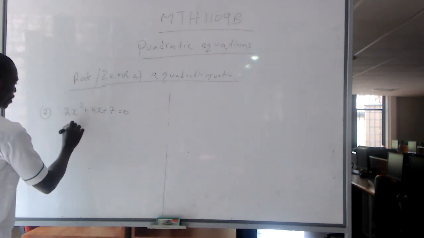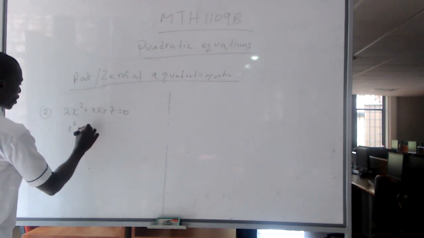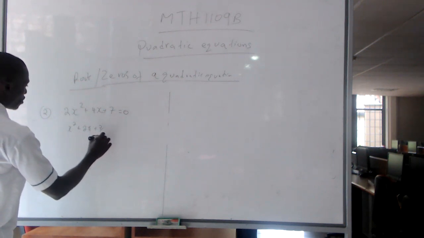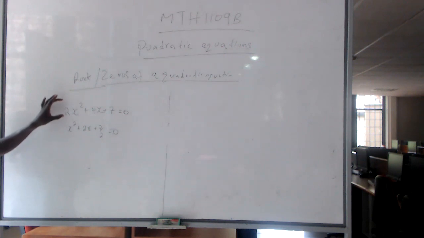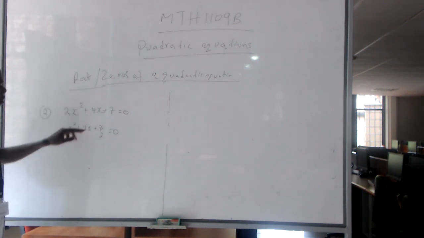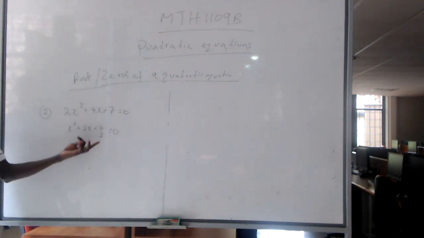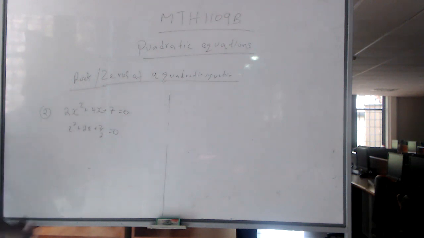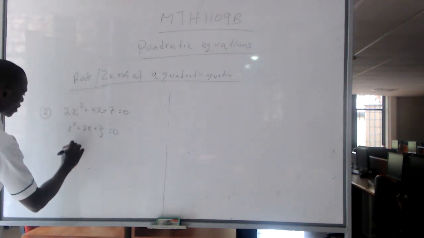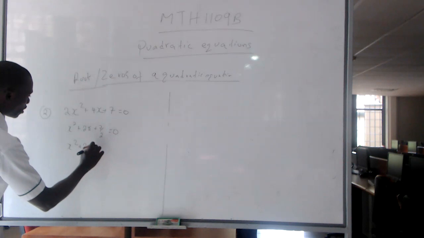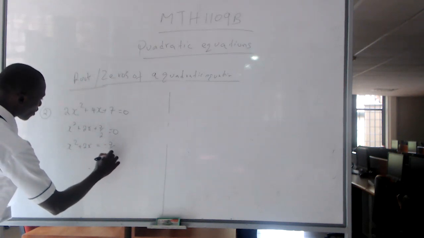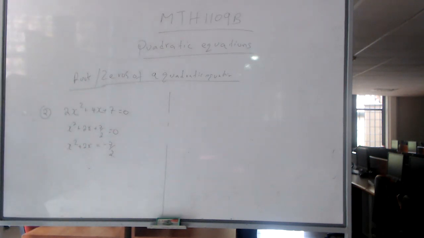So this is the same as x squared plus 2x plus 7 over 2 is 0. I've divided 2x squared by 2 to give me x squared, 4x by 2 to give me 2x, 7 by 2 to give me 7 halves. Then now I can write this as x squared plus 2x is equal to minus 7 divided by 2, by just subtracting 7 over 2 from both sides.